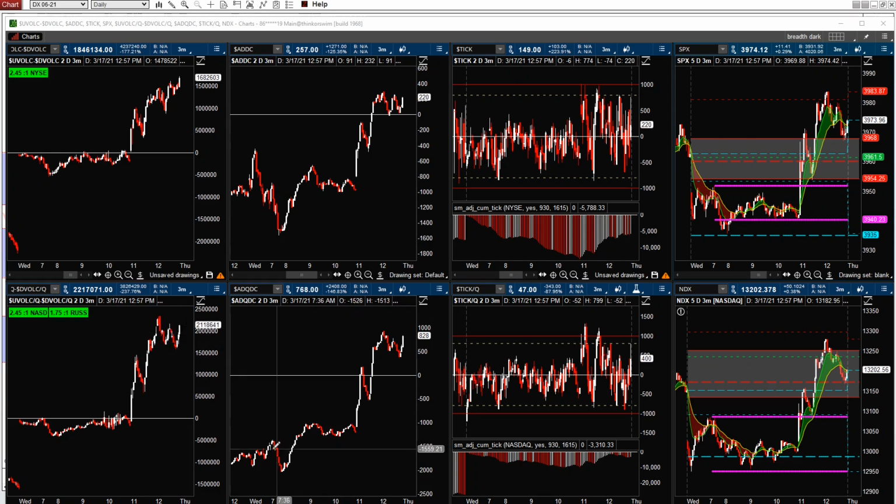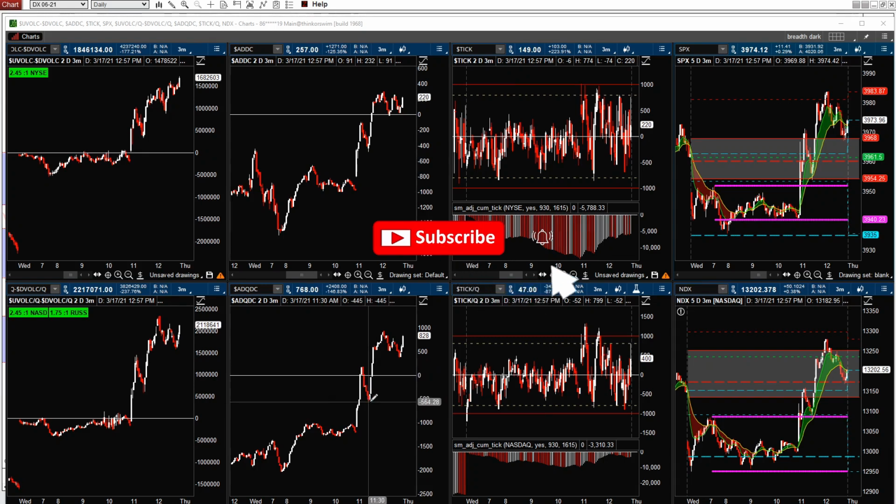And same thing with the advance-decline. You see the advance-decline actually went to negative 2,010. Then it started to come back up right before the announcement. It was sitting somewhere around minus 1,000, so there were 1,000 more declining issues than advancing issues. Then as soon as the Fed announcement came out, you see how it went up and turned positive. Then during that little bit of a profit-taking period, the pullback, it went negative.